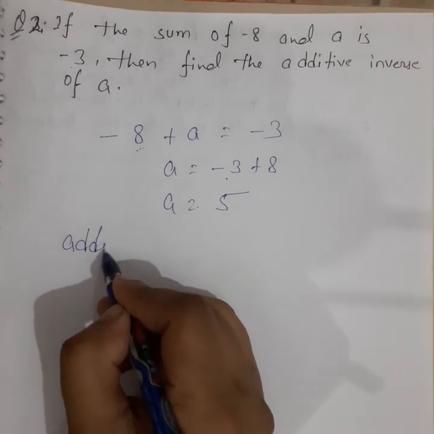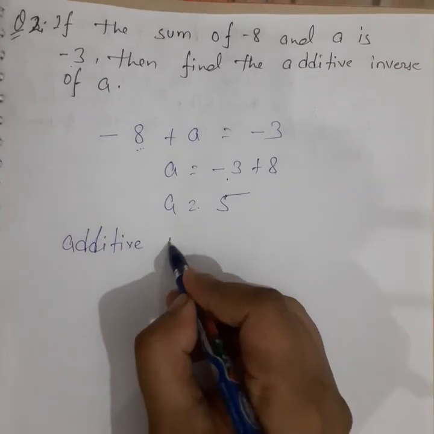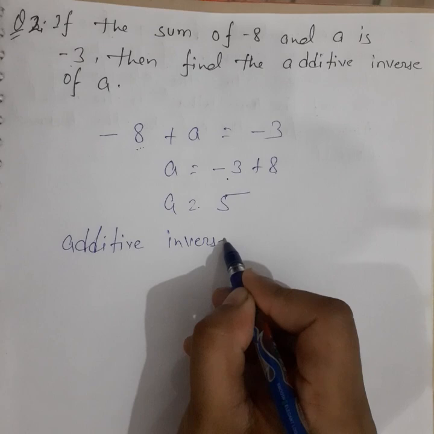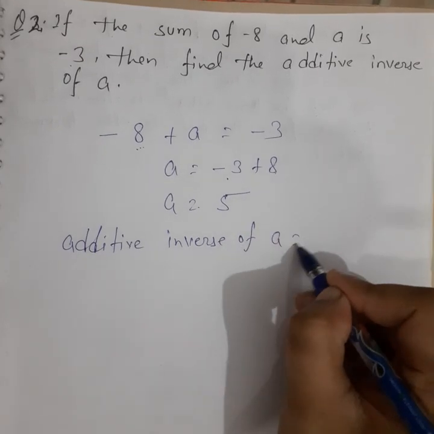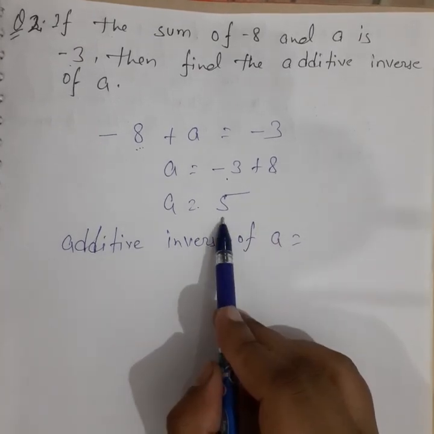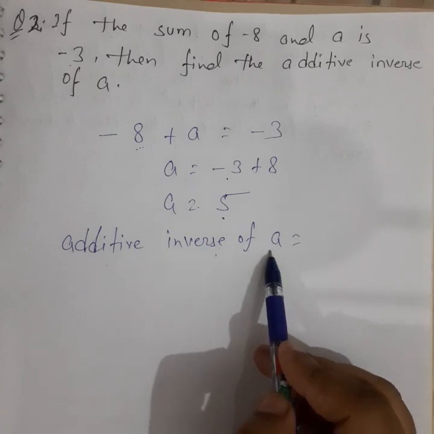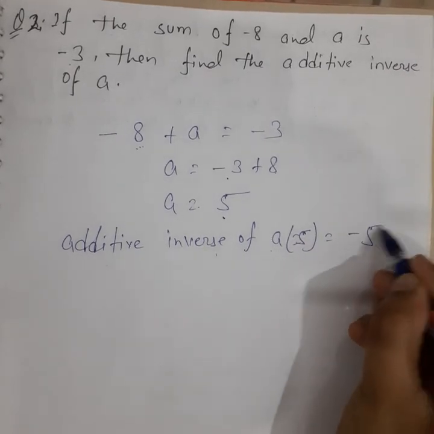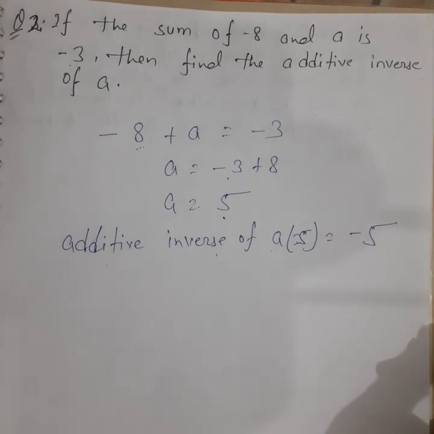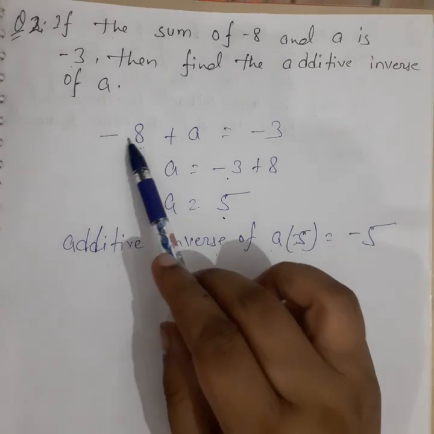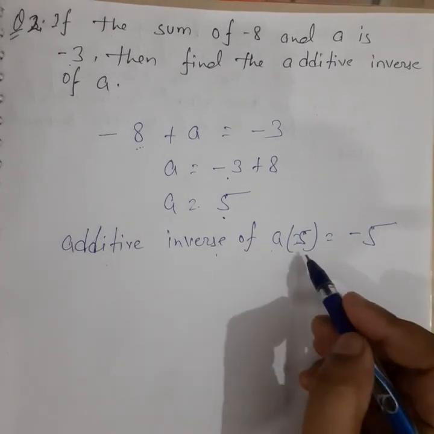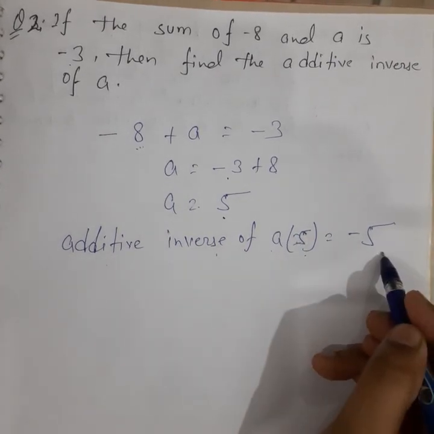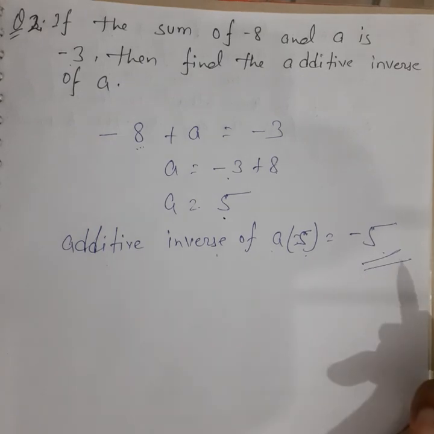We have to find out the additive inverse of a. So the value of a is 5. So the additive inverse of a, that is 5, is equal to minus 5. Okay. Additive inverse of 5 is minus 5. Okay.